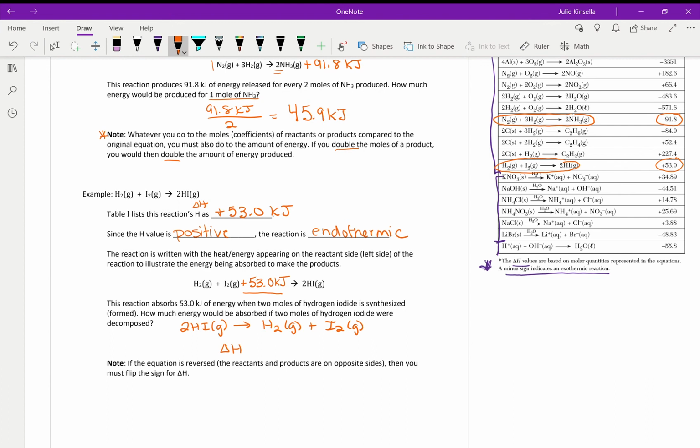So instead of being on the reactant side with them, it is now on the product side. So now I can see the reverse of this is now an exothermic reaction. So now my delta H is a negative 53.0 kilojoules. So if you reverse an equation from Table I, you also then have to flip the sign for your delta H. Okay? All right, so see if you can apply this all in the practice and then try out the little check-in assessment and you will be all set.